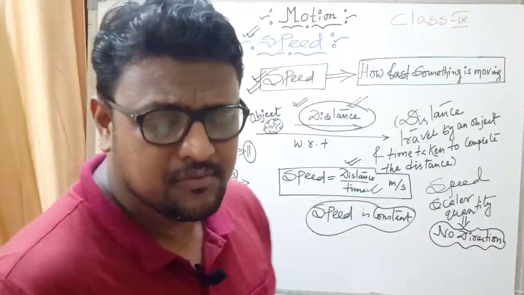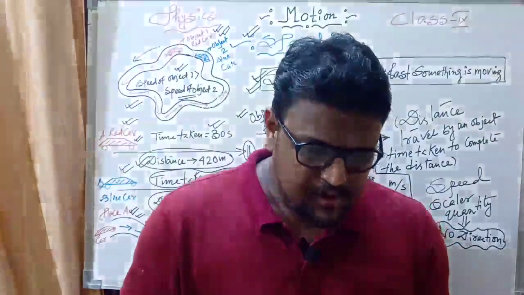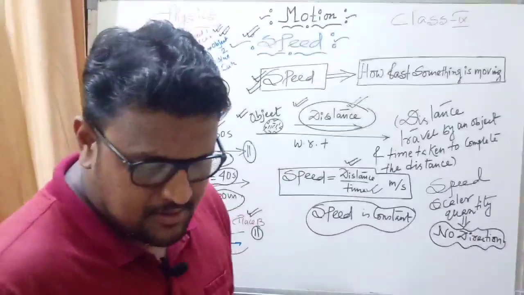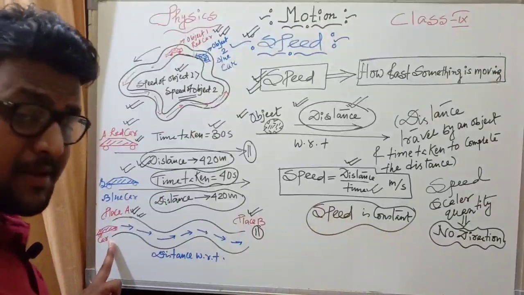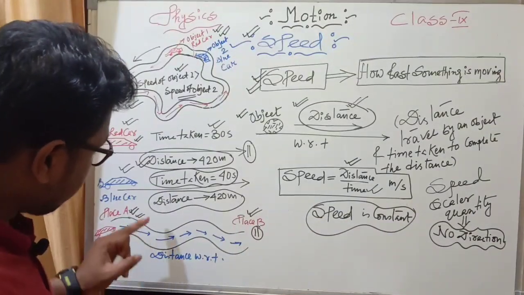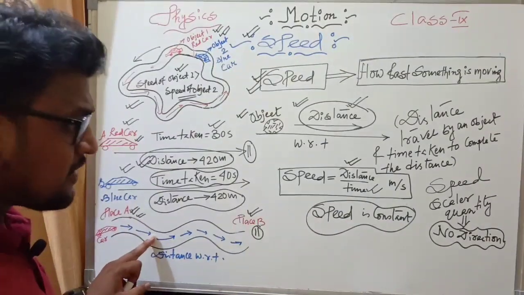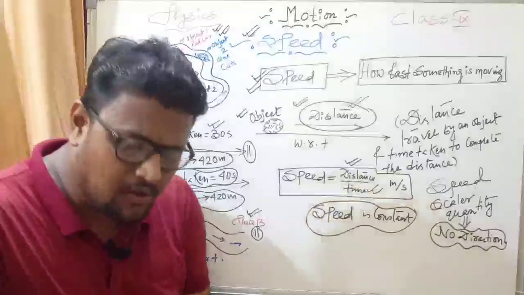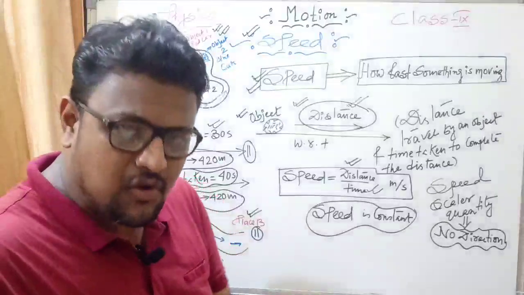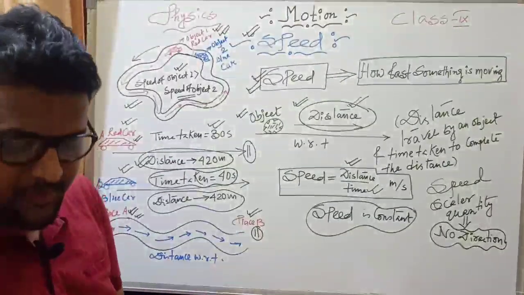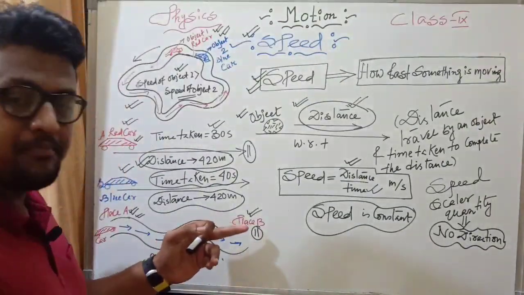I don't think so. Why? The car's speed may be high initially. After a certain distance, it may slow down, and after some moments it may stop. Again, after a few moments, it may speed up.